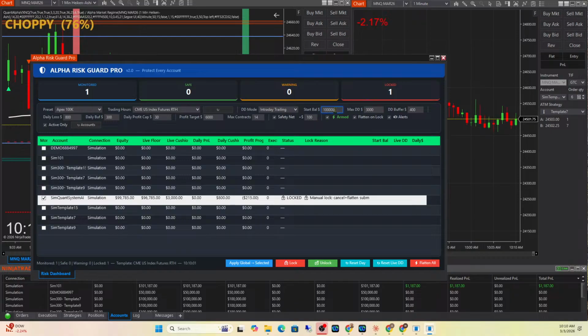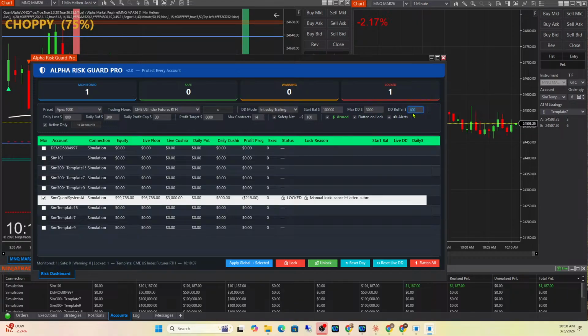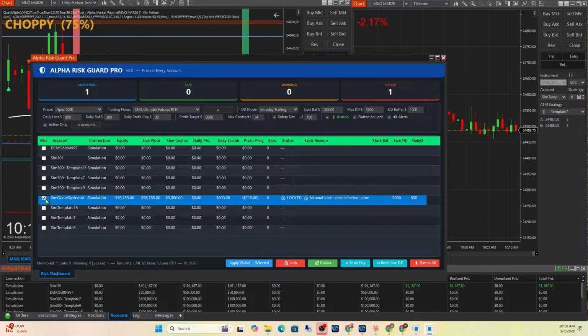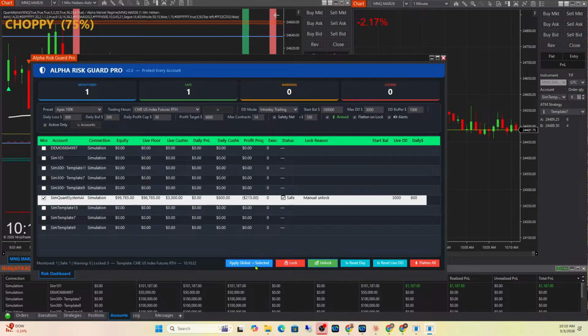This is the account balance, called a start balance, and this is the max drawdown. This is a drawdown buffer. You can change this. So if your drawdown is $3,000, I say, okay, I need a buffer of $1,000. You can apply this, unlock and then apply global.